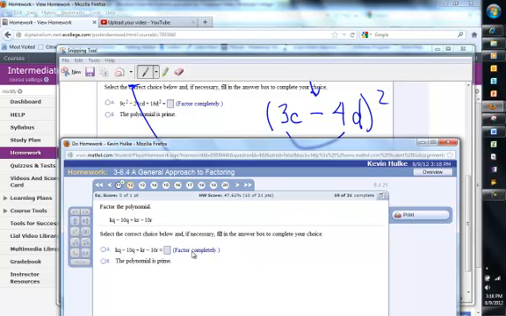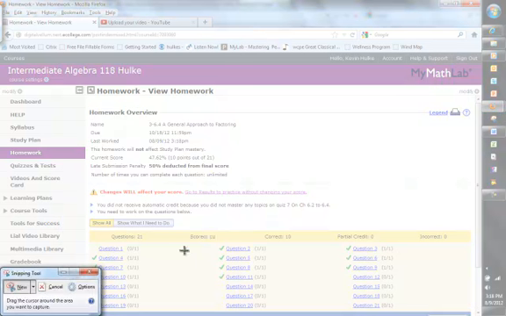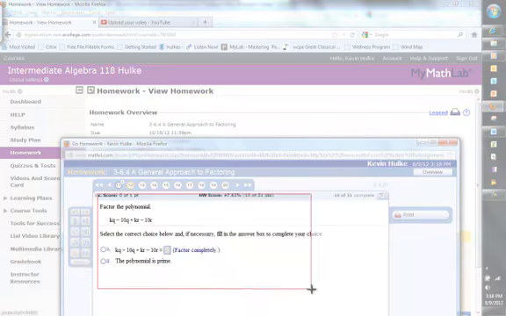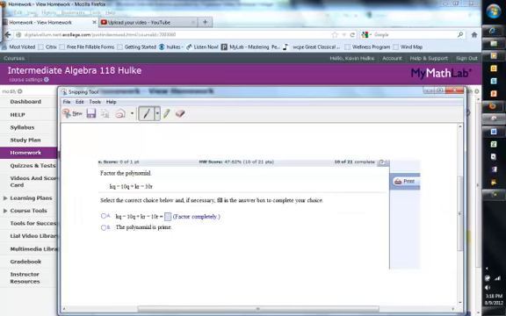All right. Next one looks like a factoring by grouping situation. It's 4 terms long, so it's pretty clear we should be able to. Let's see. We have kq minus 10q plus kr minus 10r.